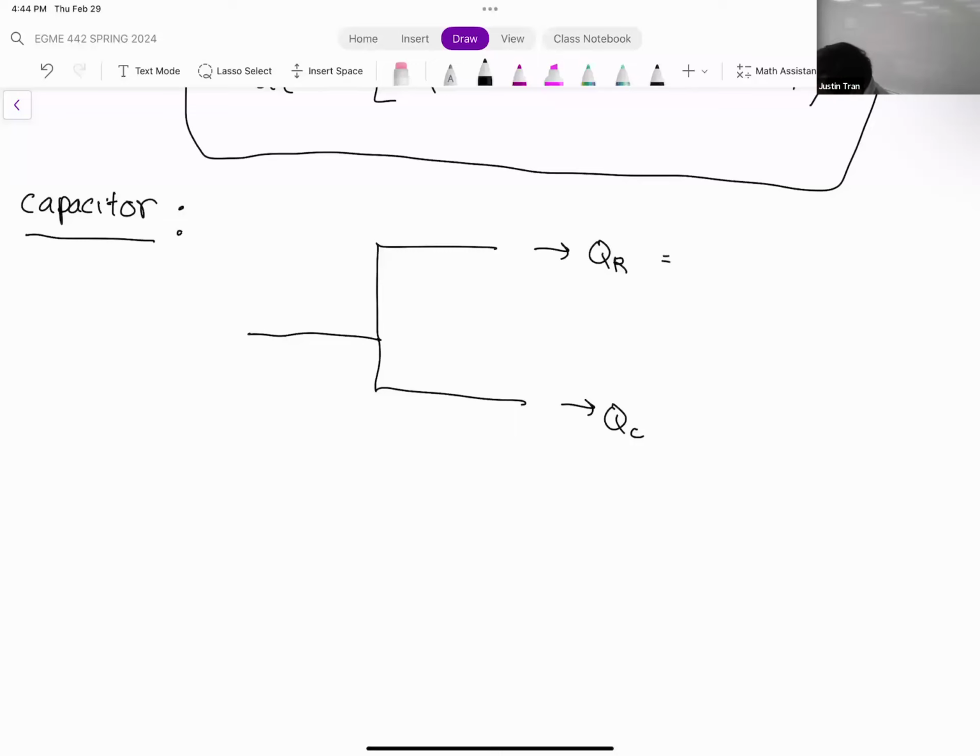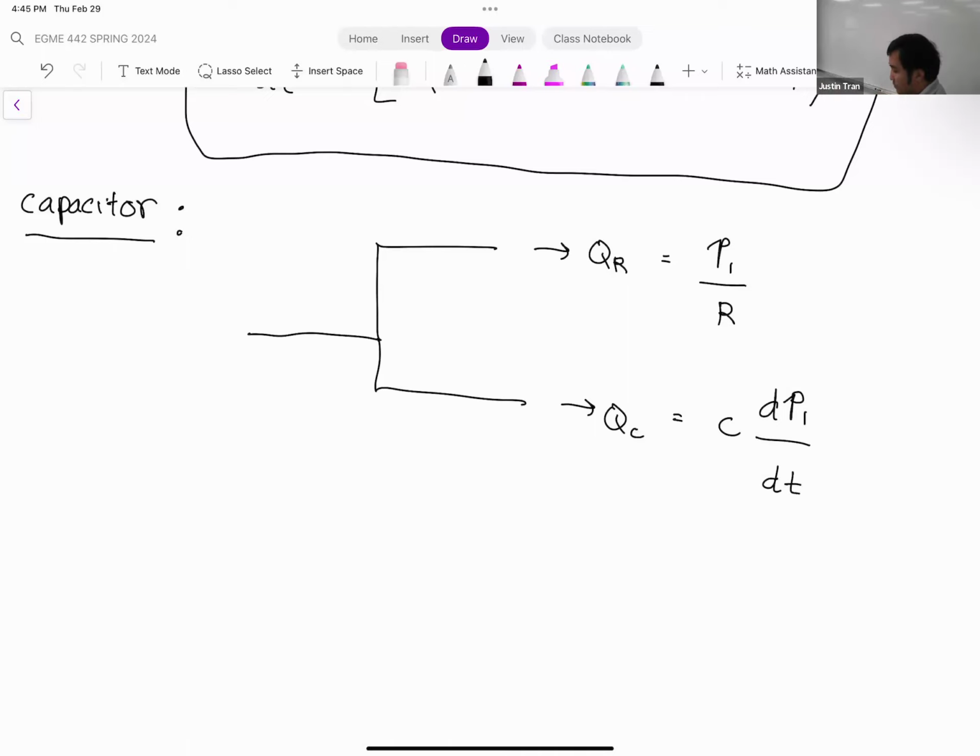We know QR. The symbols are a little bit different here just because we're using different symbols, but this is going to be P1 over R, right? Because the back side of this resistor is connected to ground. And so, it's going to be P1 minus 0 divided by R. Okay? And we know that QC here, if we plug in the equation for the capacitor, is C times dP1 dt.